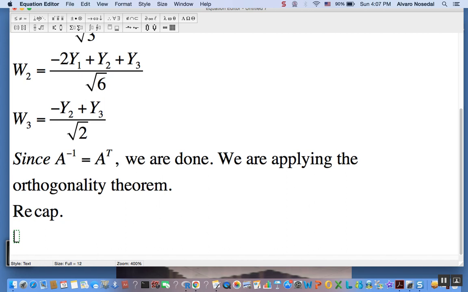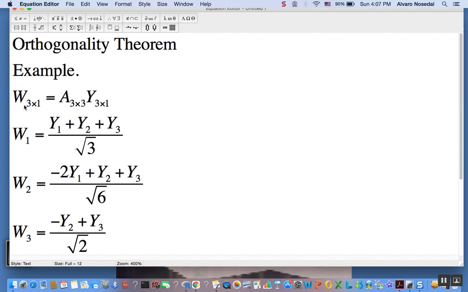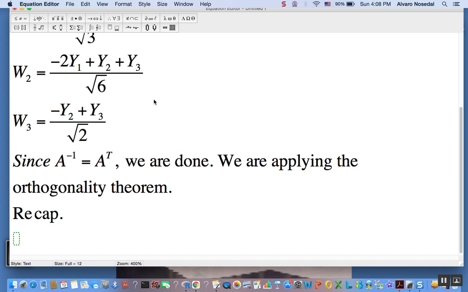That theorem states that if we have a random vector y that contains n components, y1, y2, up to yn, where the y's are independent and normally distributed random variables with mean 0 and variance sigma square, and we define a transformation like this, W equals A times Y, where A is an orthogonal matrix, then it turns out that the components of the transformation W are going to be also independent and also normally distributed with the same mean as Y, 0, and the same variance as the components of Y, sigma square.